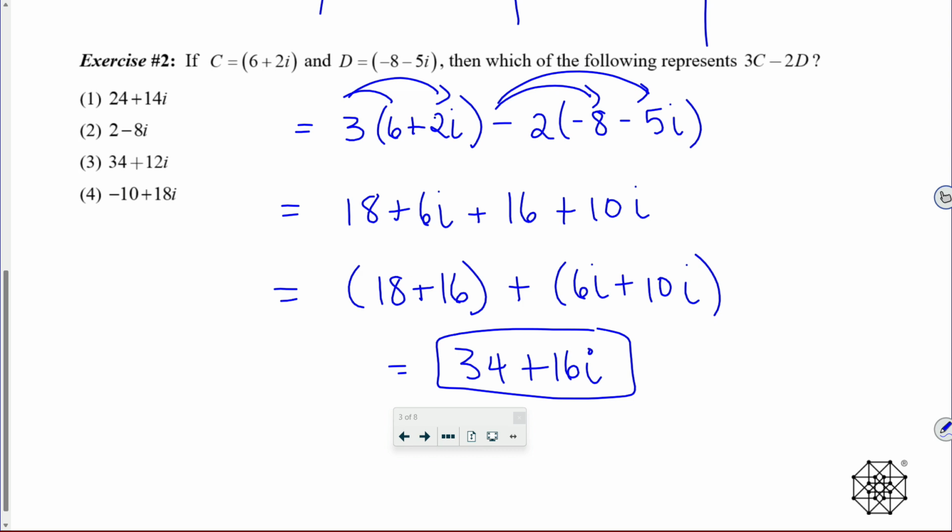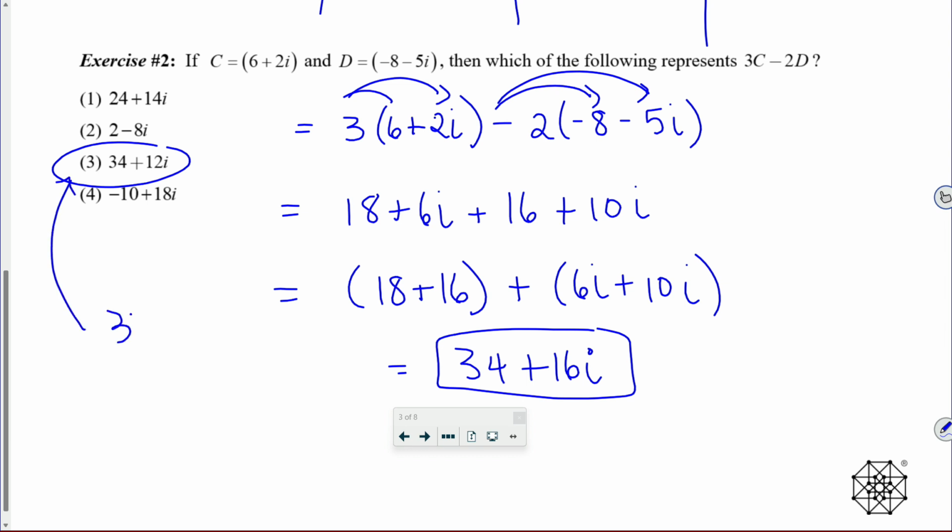Apparently with a red dot on top. Uh-oh, what did I do wrong there? I don't see it. I've got 6i, I've got 10i. I think that there might just be a mistake in the answer key. Yeah, that's right. It just doesn't happen to be on here. So there's a little bit of a typo here. My apologies.